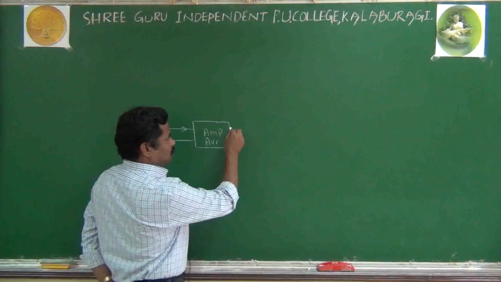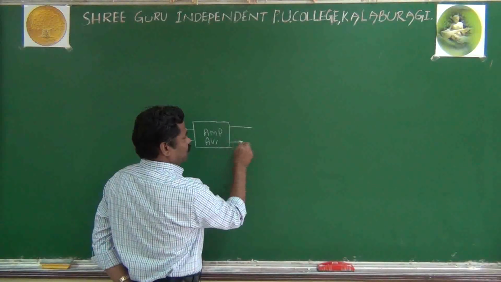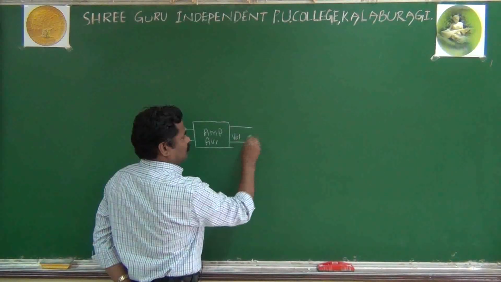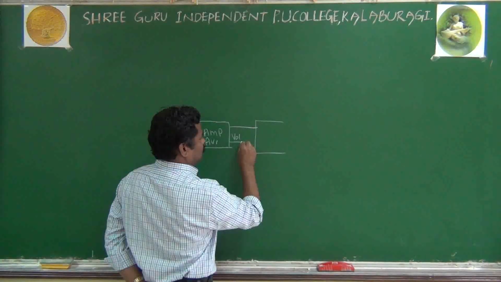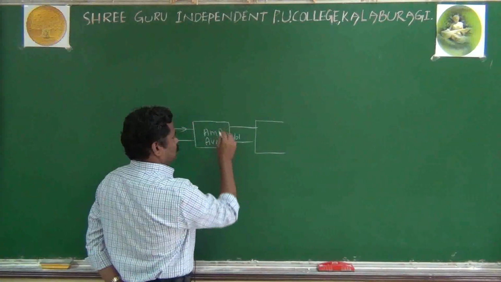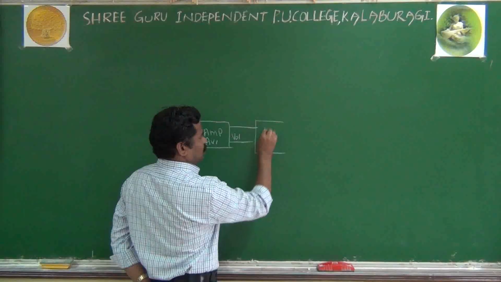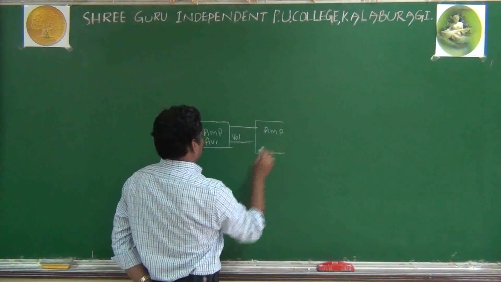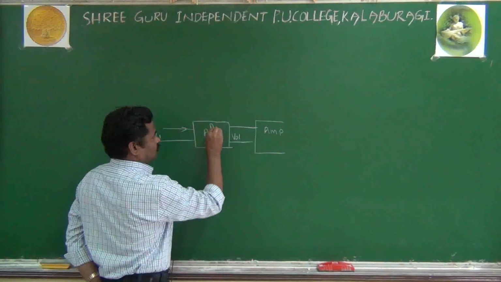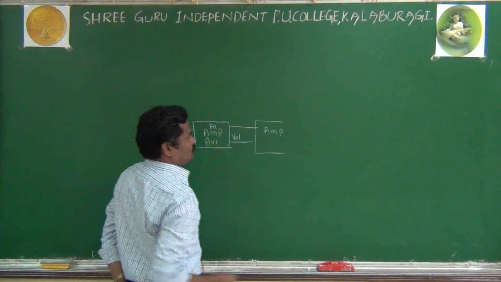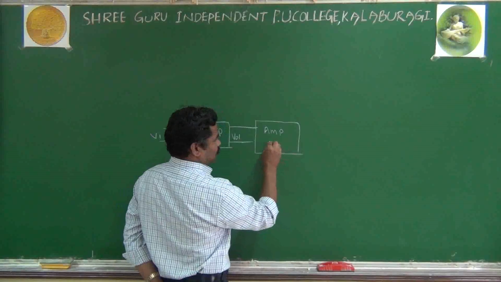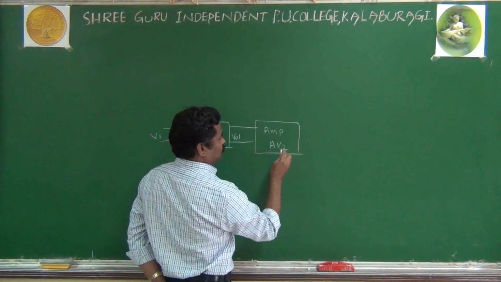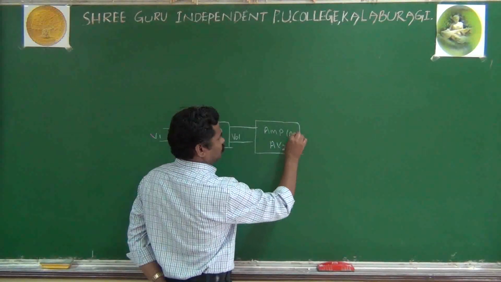Here you connect the output V01. Then there is the second stage amplifier, which you can write as A2 or AV2.